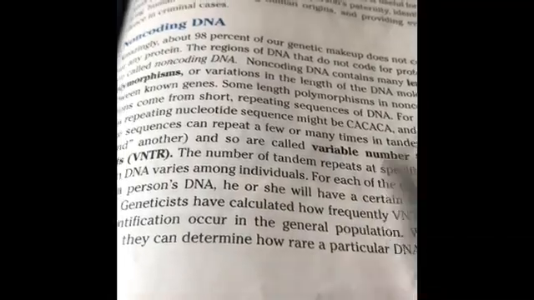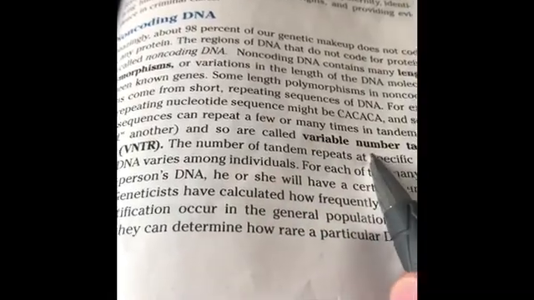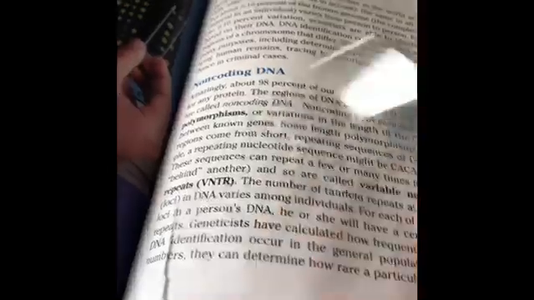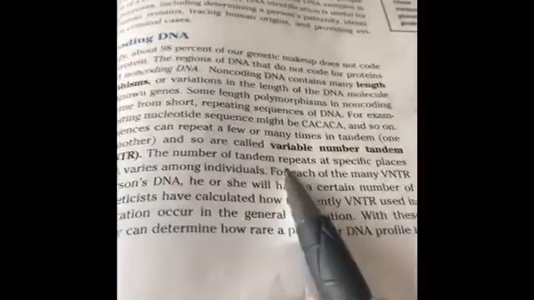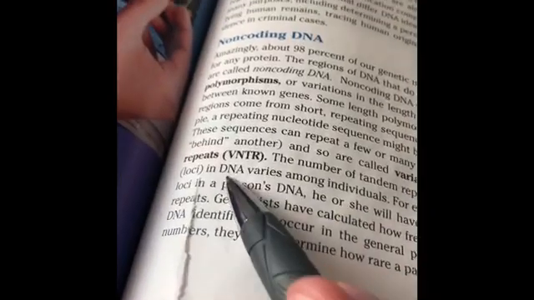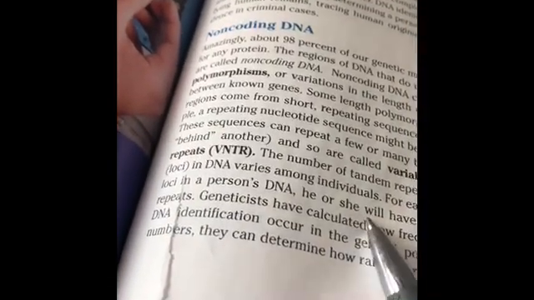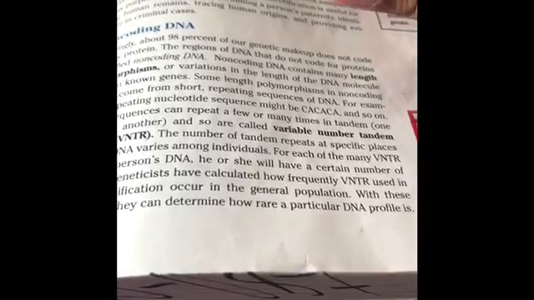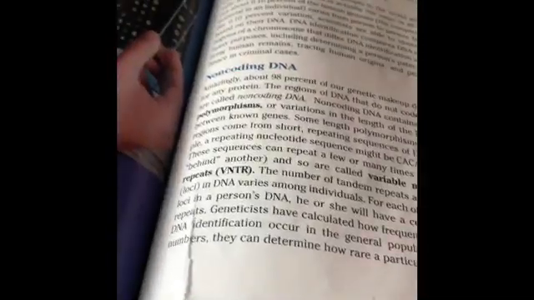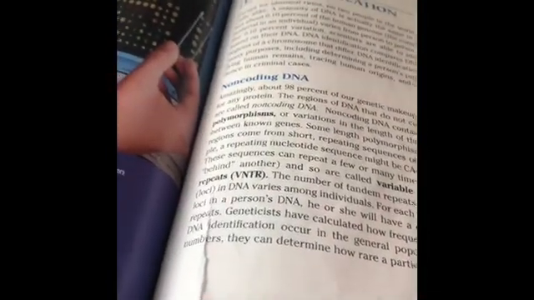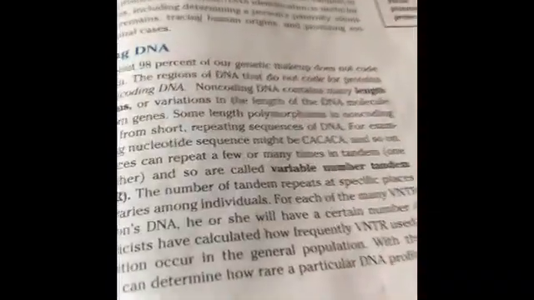There can be a varying number of the tandem repeats. The number of tandem repeats at specific places, loci, in DNA varies among individuals. So the tandem repeats at specific places are different among different people. Those spaces between the repeats are different, and that's one of the things that makes people different.